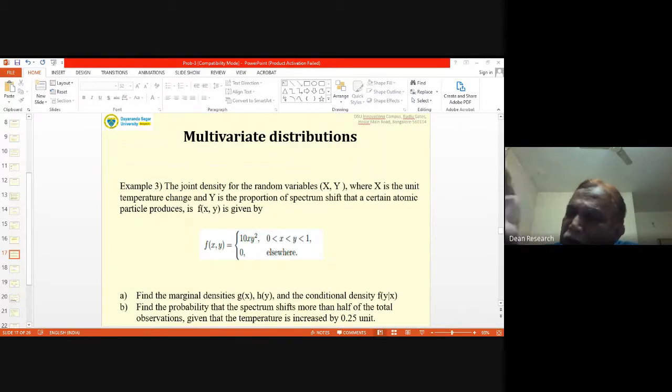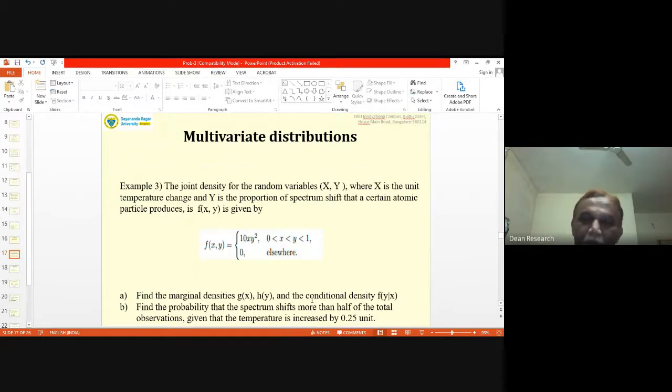How do you throw out y? By integrating it, in the case of discrete random variables using summation, or using integration in the case of continuous random variables. So to get g of x, integrate out the y part completely. Similarly, if you want to get h of y, you integrate out x in the formula f of x comma y. It's the opposite type of thing that we have.